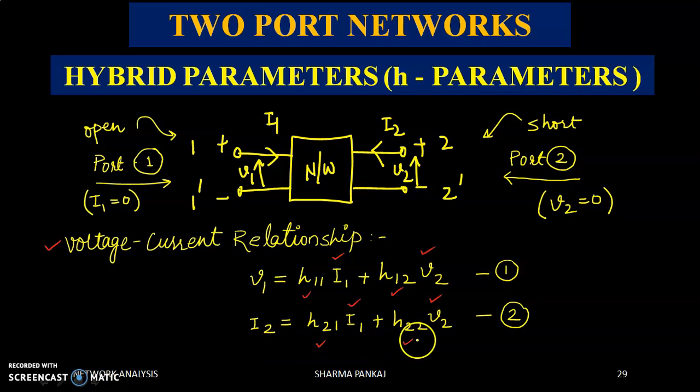This is your port number 2 equation. V2 is your terminal voltage defined across terminals 2 and 2 dash, from which current I2 will be flowing.